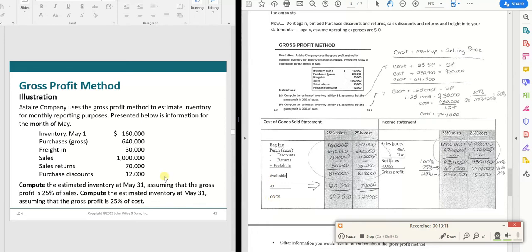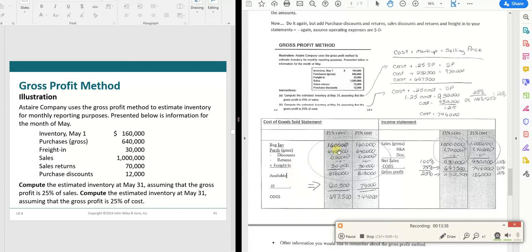But let's expand the purchases, and purchases are gross purchases minus purchase returns minus purchase discounts plus freight in, because every cost to get at the inventory there is added to the cost of the inventory. So gross purchases minus discounts minus returns plus freight in gives me available.